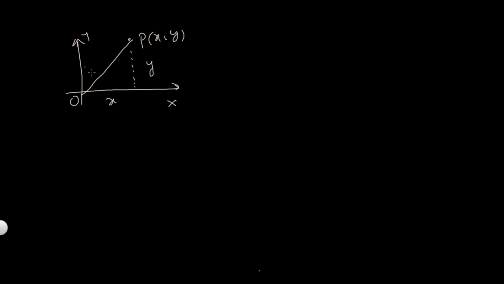Now treat this as a figure with the real axis and the y-axis. Let the point P be x comma y, and this is the origin. Drawing the perpendicular, this distance is y, this is x, and this is OP bar, that is r. Then cos theta is adjacent by hypotenuse, that is x by r, so x equals r cos theta.